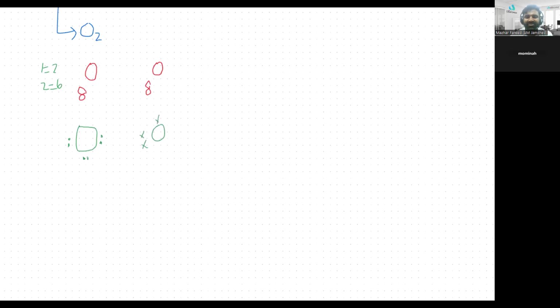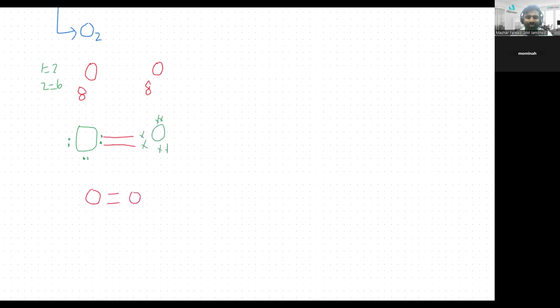There are 6 electrons in the valence shell. You always write only electrons of the valence shell here. So this electron mutually shares with this, and this electron mutually shares with this. So likewise, 2 covalent bonds are formed because oxygen needs 2 electrons to become stable.